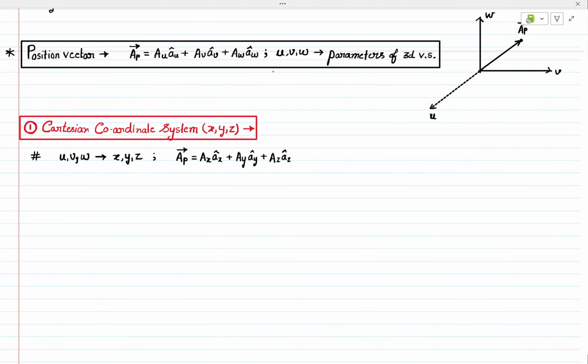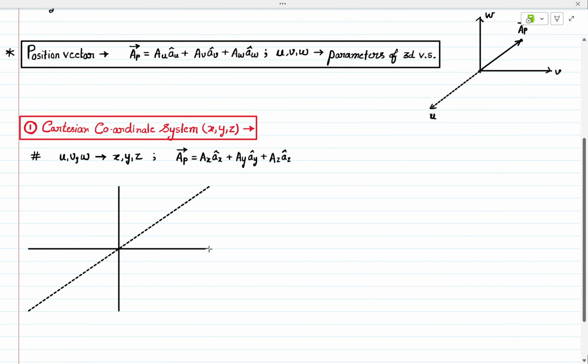It is a three-dimensional vector. And how this coordinate system looks like is very important. It is the same look as a UVW or the same normal three-dimensional plane, where the parameters are x, y and z.